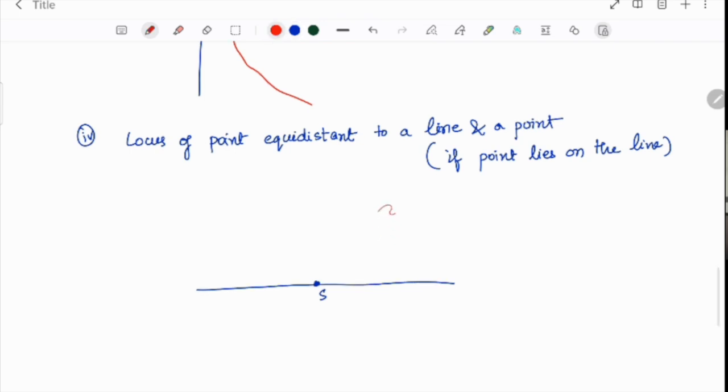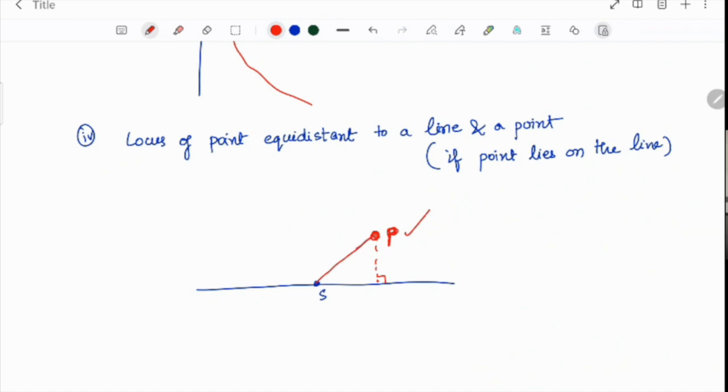Suppose I say P is the required point. That means P to S distance and P to line distance should both be the same. Can this point P be the required point?